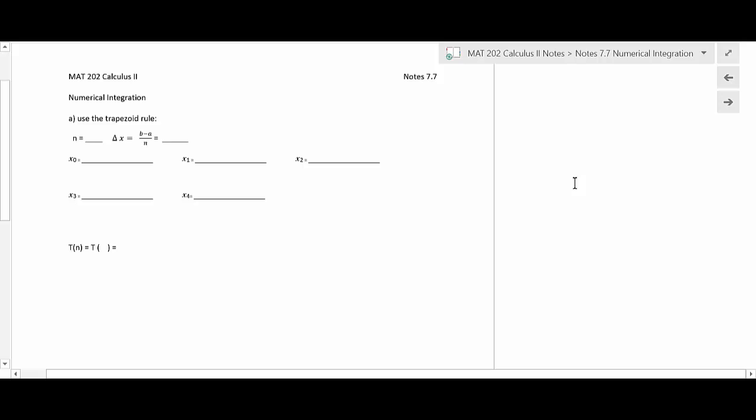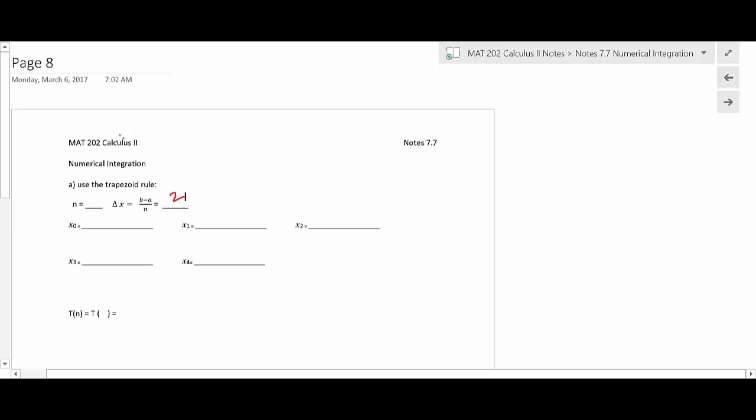Now what I'm going to have you guys do: we already got n. What was n? 4. And delta x was 2. So I'm going to let you guys work this out and get your approximation and your errors. I'm going to write down the formula too. You're approximating the integral from 2 to 10 of 2x squared dx.